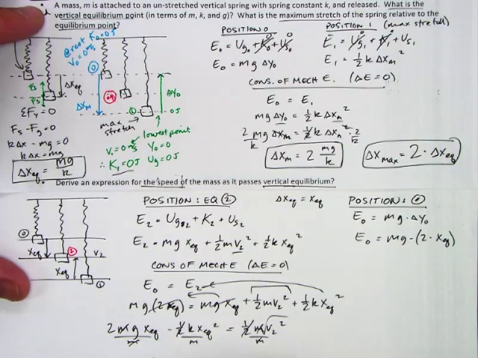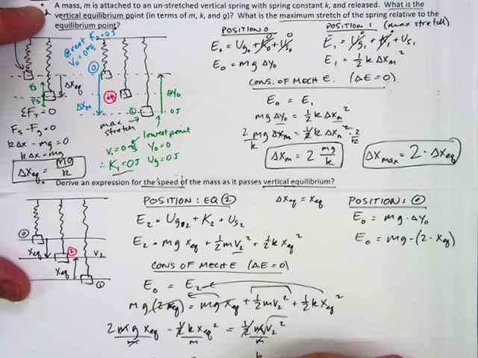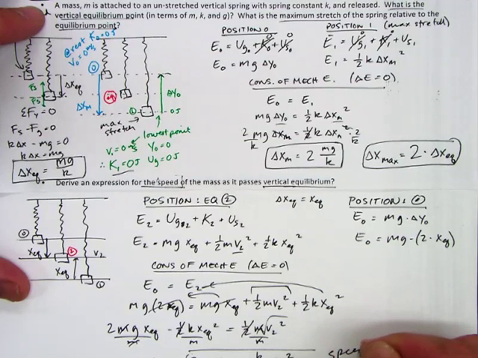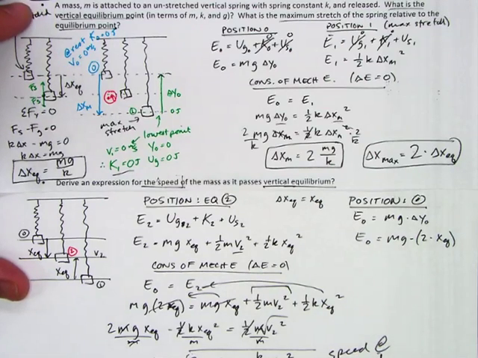I'm going to have 2g times x equilibrium minus, now the 2 canceled the half, but I have the mass here, k over mass times x equilibrium squared, and that whole thing square rooted.